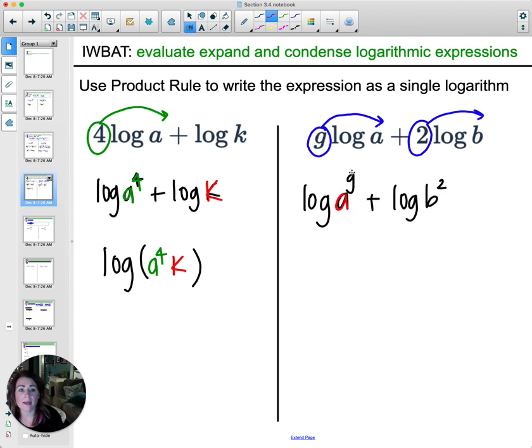Now we're adding these logarithms together, and they're both base 10 logarithms. So we're going to put these two factors together inside of one log. We take a to the g and multiply that on the inside times b squared. Those are different bases, so they can't simplify, so that would be our final answer.